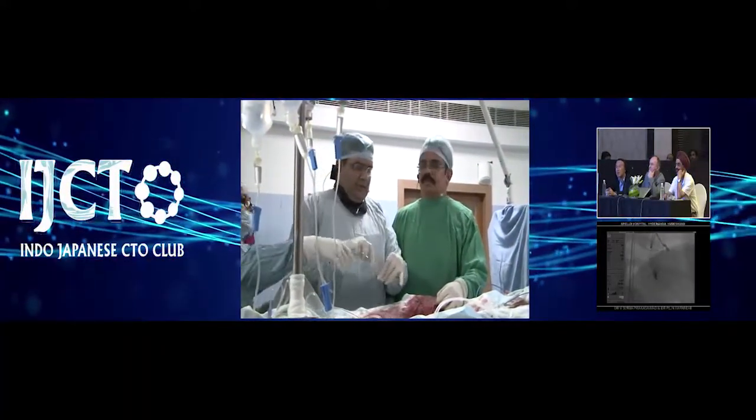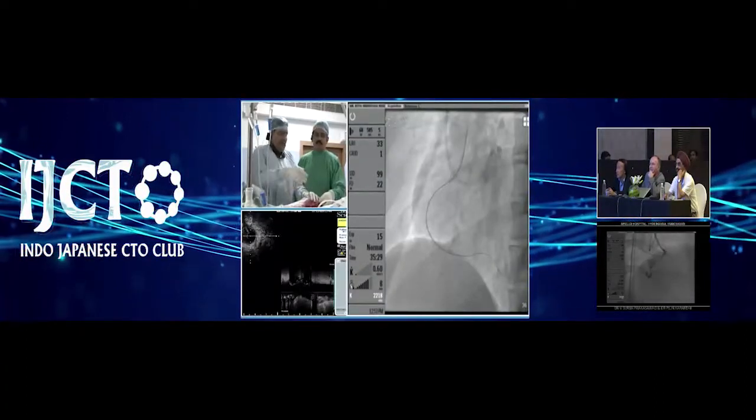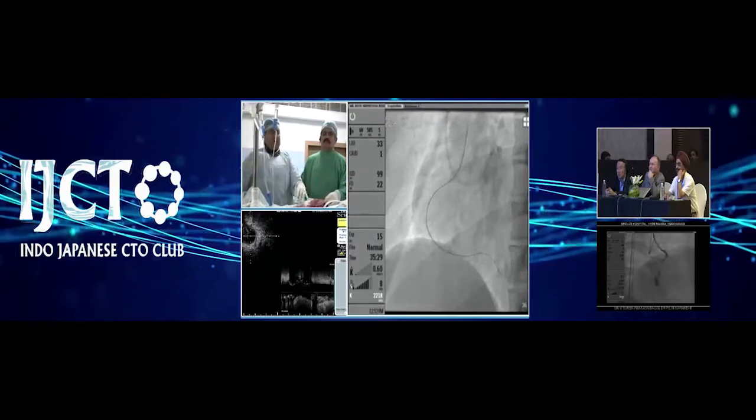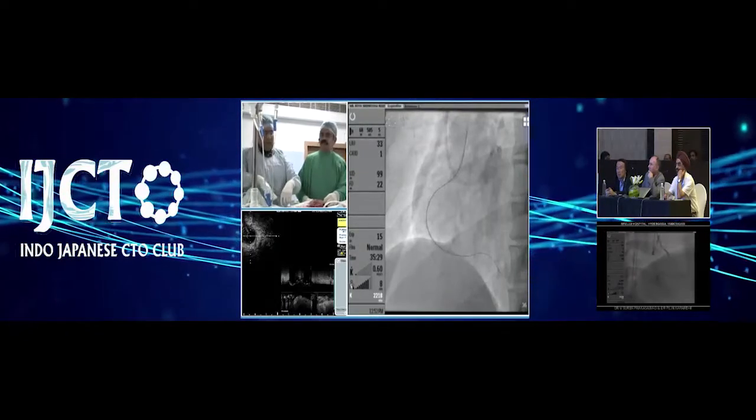So we're going with the 3 volts 38 for the proximal right coronary, and then after that we take the control. Okay. Okay, let's go.